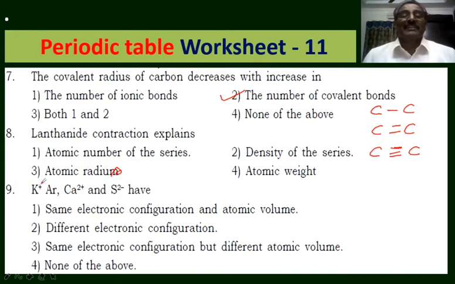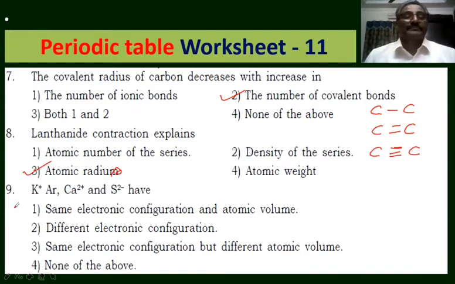The variation of atomic radius in the case of the d block elements and in lanthanides is explained on the basis of lanthanide contraction. Due to lanthanide contraction, you have learned that the sizes of 4d elements are approximately similar to the sizes of 5d elements. So the third option is the right option here.